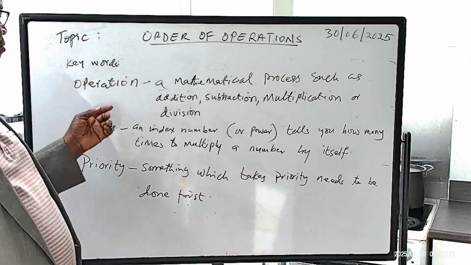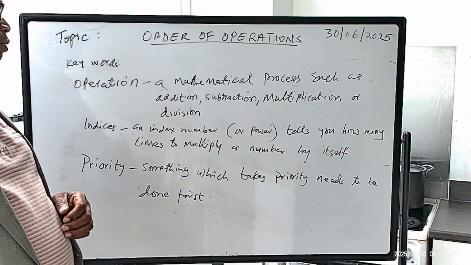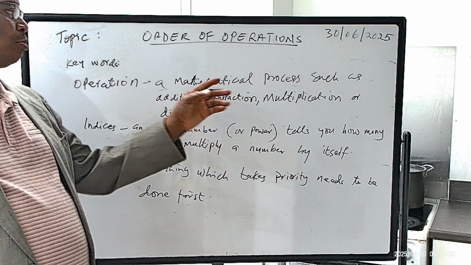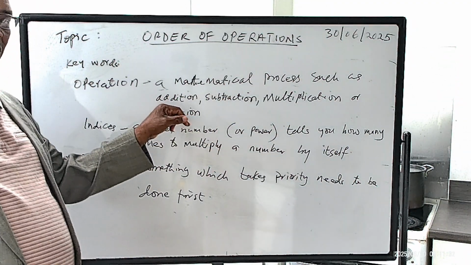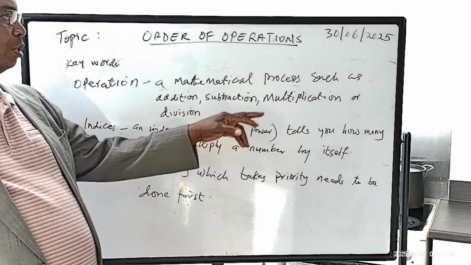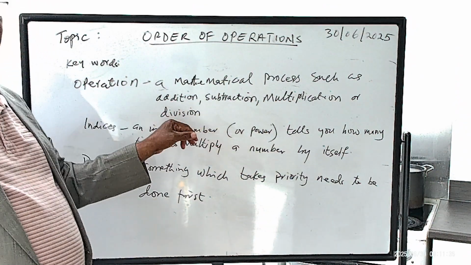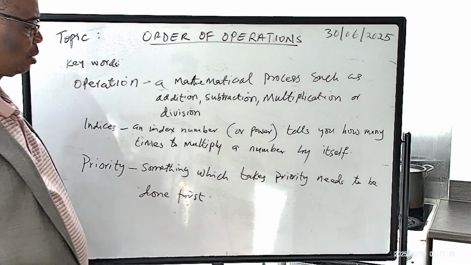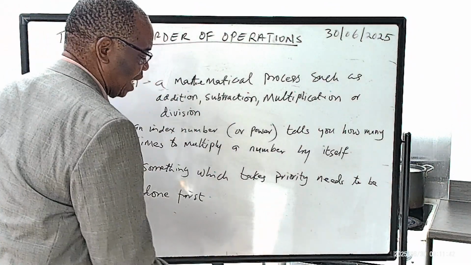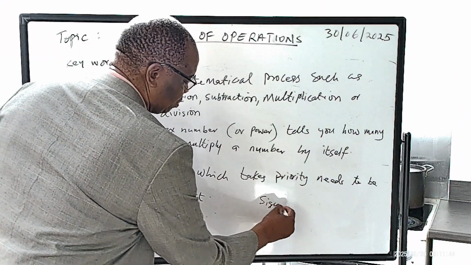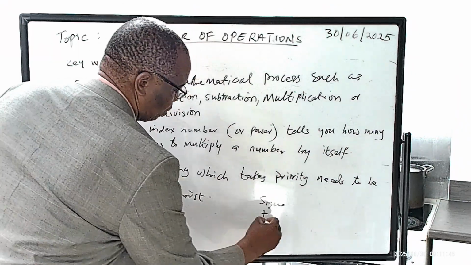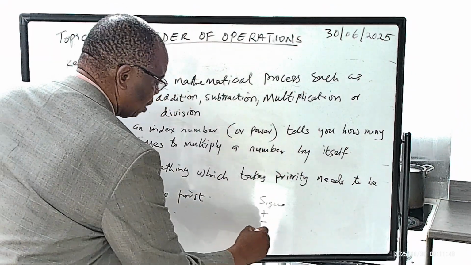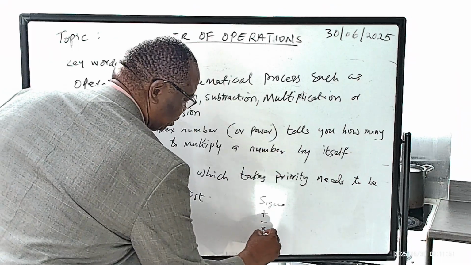Now, the key word we have is operation. What is an operation? It's a mathematical process such as addition, subtraction, multiplication, or division. When we talk about maths, these are the signs that we use. We say plus, we say minus, we say multiplication, then we say division.